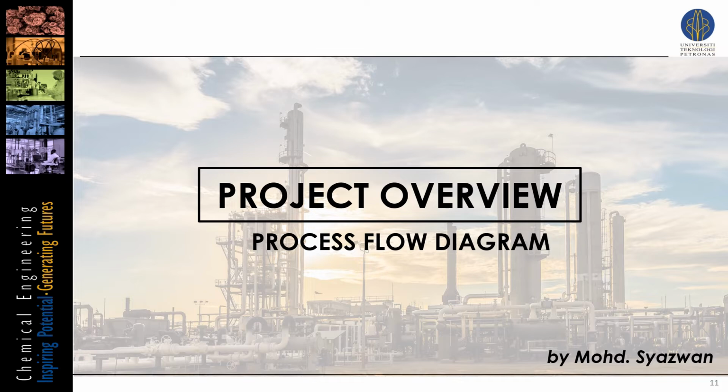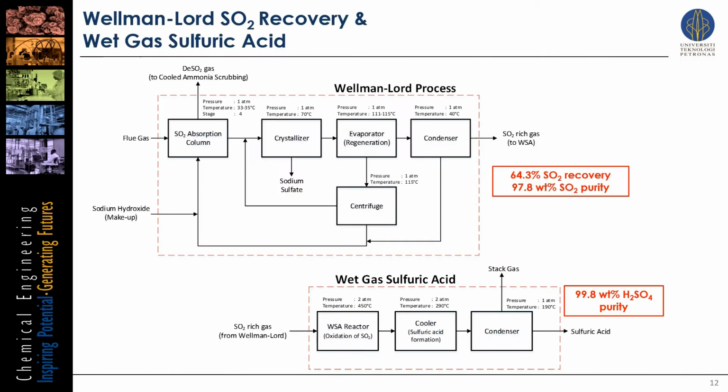Thank you, Aizat. Let me give a brief overview on our process flow diagram. As shown in the block diagram, this process starts with flue gas entering the plant from the existing thermal oxidizer, where it is cooled and directed to an SO2 absorber. This absorber is a part of the Wellman-Lord SO2 recovery unit, which recovers SO2 from flue gas using Na2SO3 as the absorbent.